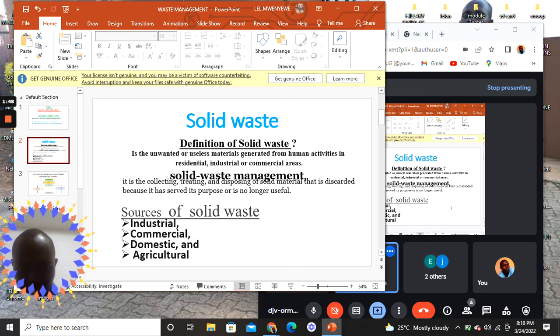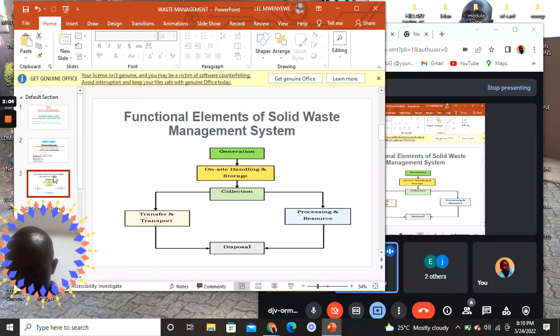The unwanted materials produced by human activities.